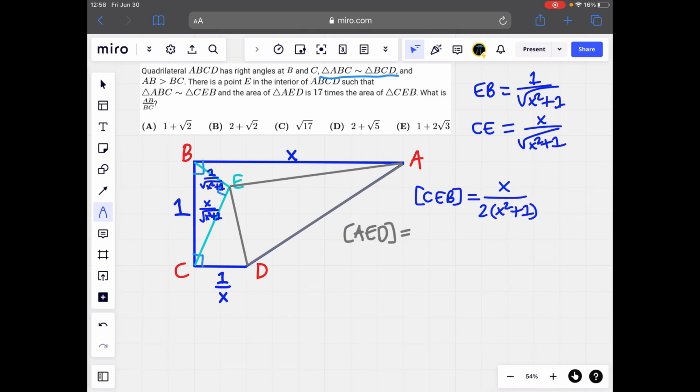Now we are going to express the area of triangle AED in two different ways. For one, it's just 17 times the area of triangle CEB. So that would be 17x over 2 times (x squared plus 1).